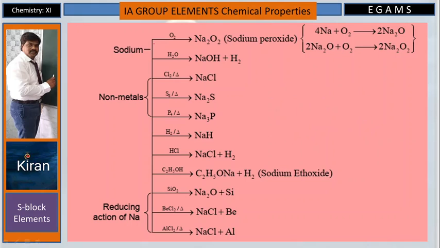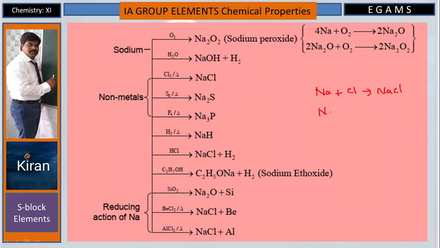Very simple. First one, action with air. Second chemical property, action with water. It means sodium reacts with water. Third one is sodium reacts with non-metals: chlorine, sulfur, phosphorus and hydrogen. Sodium, you know very well, is an electropositive metal. When it reacts with non-metal, chlorine, an ide will form: sodium chloride.